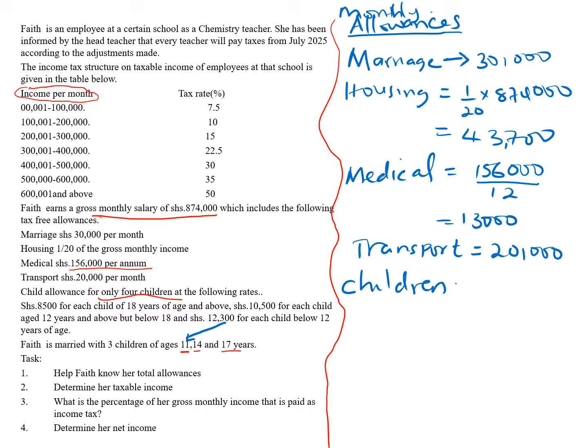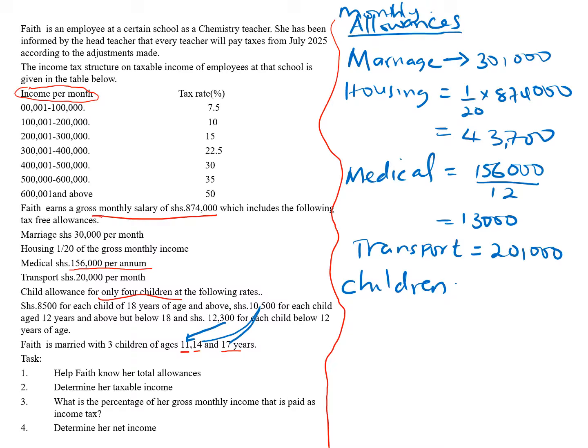Then a child above 12 but less than 18 will get this. But now I have two, the one of 14 years and 17 years. Means that this one will get this, and at the same time will get this.